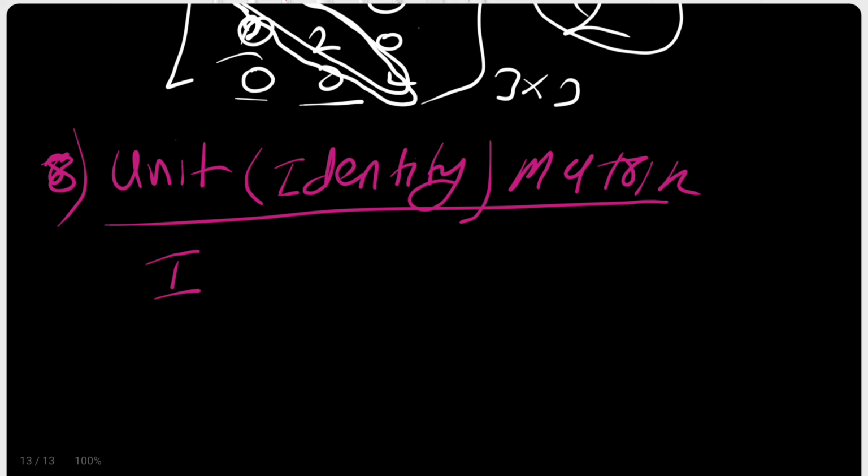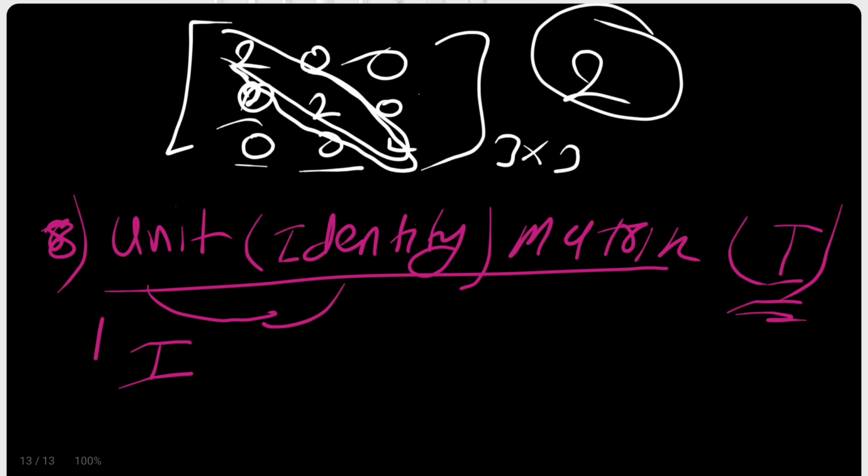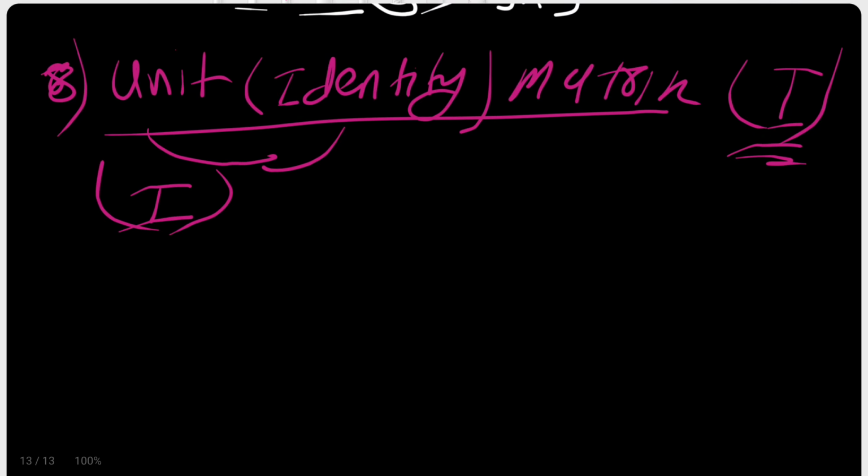It is represented by I. In this chapter, you are going to see this I many times. I means unit matrix. Unit matrix means I. It is represented by I.